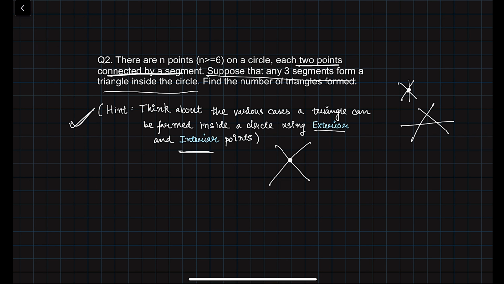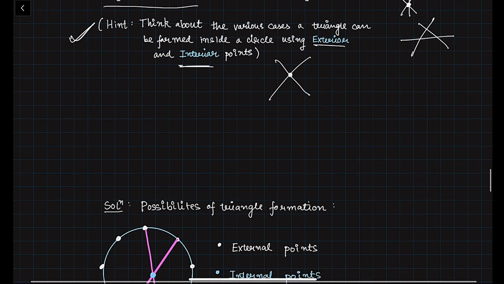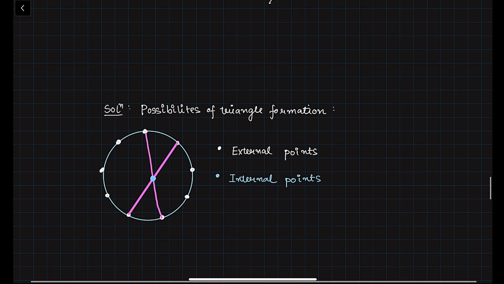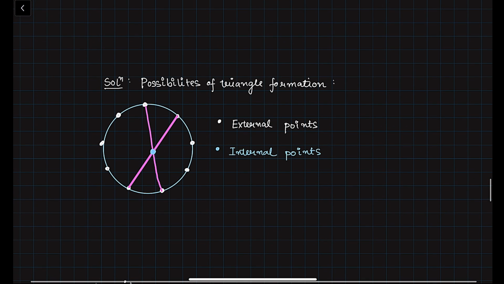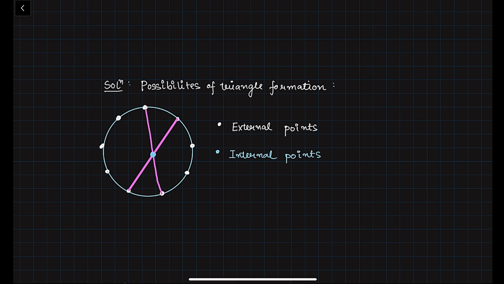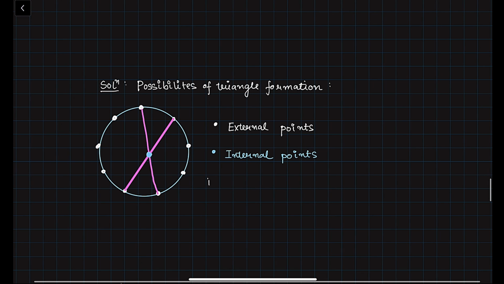Okay, so let us proceed towards the solution of this problem. As I explained, these are the external points, and when 2 segments intersect, they form an interior point. So what are the cases possible? First case, 3 external points, that means all the points will lie on the circle.